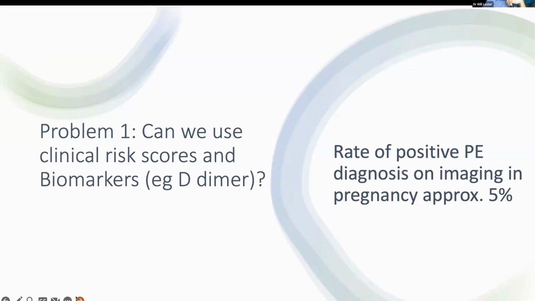That means 95% of people are being put through this pathway to basically not have a PE at the end of it. So we're not that great at deciding who doesn't need investigating. So it would be super handy to have some sort of Wells score or a D-dimer thing that we could use so we don't expose lots and lots of people who don't have PE to unnecessary imaging.